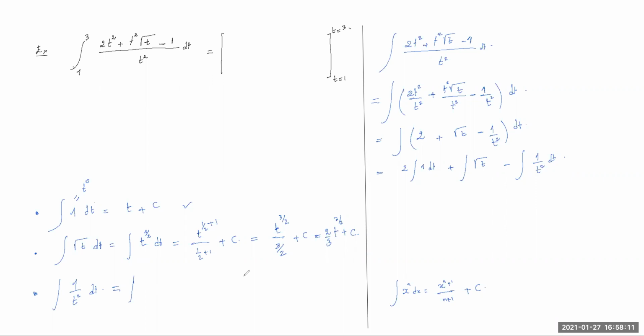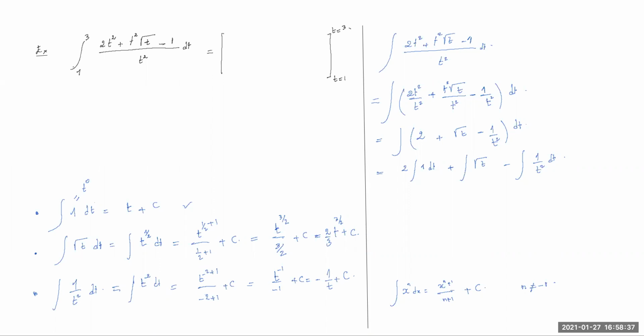Yes. So this formula, as long as n is different from -1, you can apply it. So we have the integral of t^-2 dt, which is t^(-2+1) over (-2+1), plus a constant. So it will be t^-1 over -1 plus a constant, which is -1 over t.